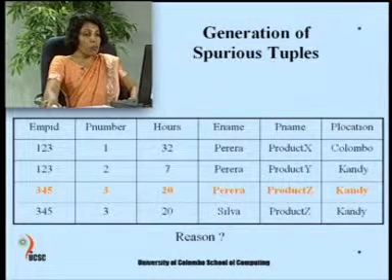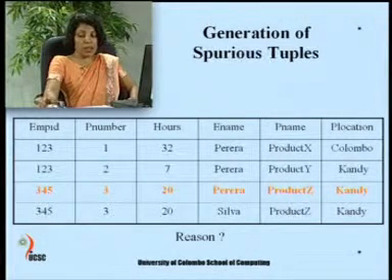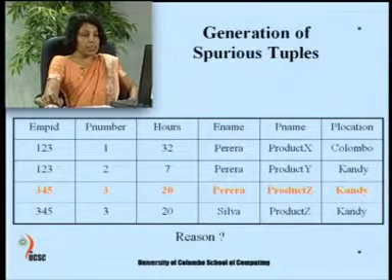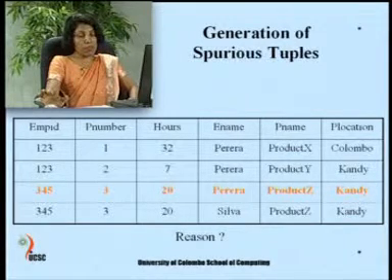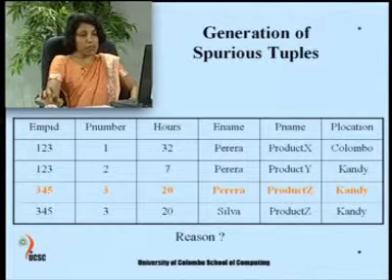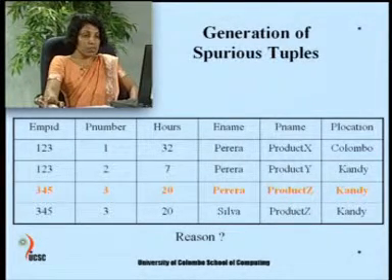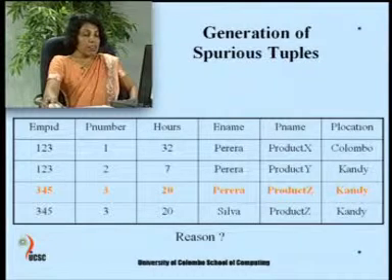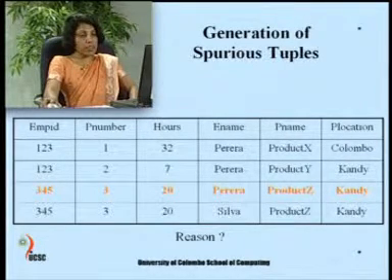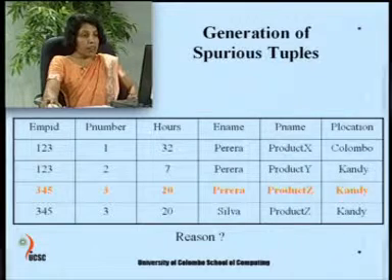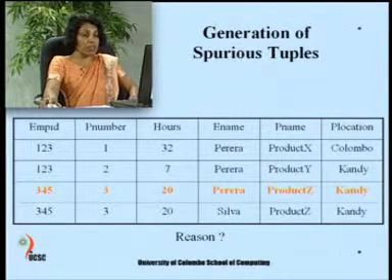So, why did it happen? This is part of the records that would be generated after joining these 2 relations, and what would be the reason for getting this record that was not there originally?